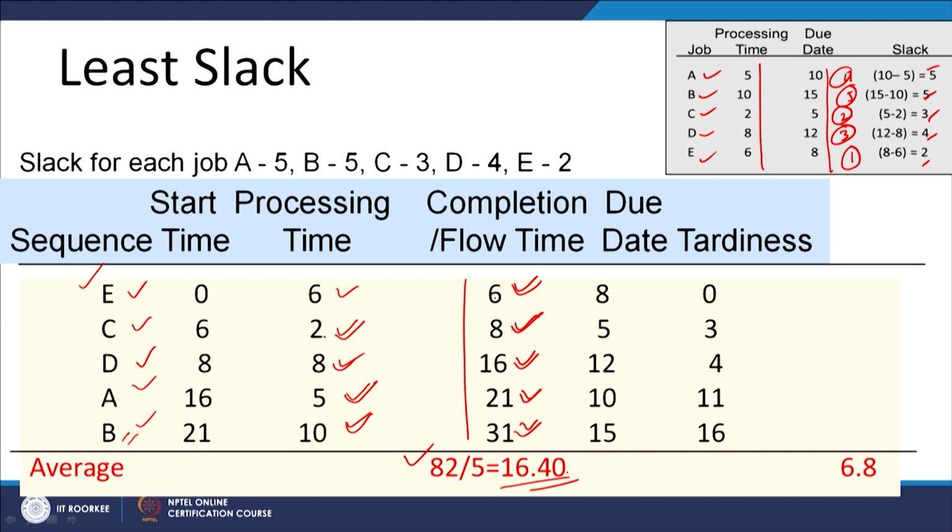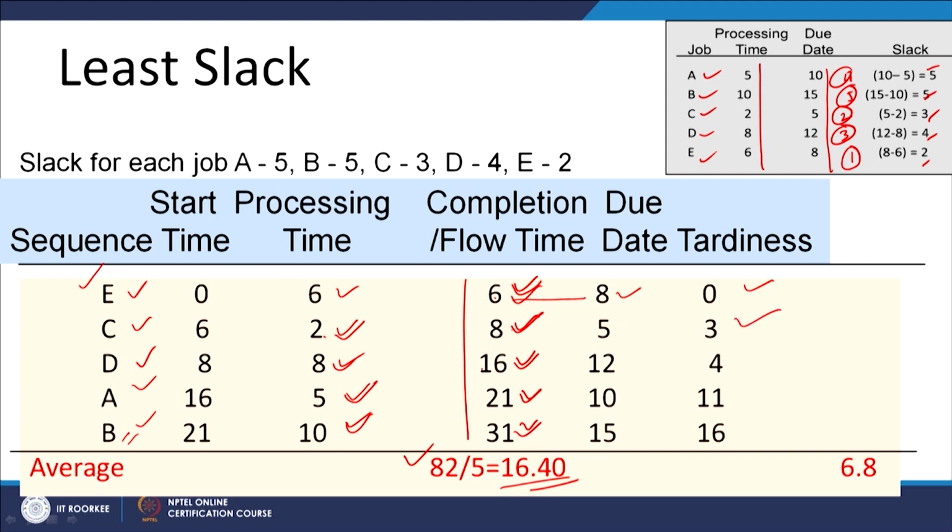Now, if we see the tardiness, the tardiness is the difference between the flow time and the due date. So, the flow time here, the completion time, is 6 and the due date is 8. So, the job is done early, tardiness is nil. Here the job is done after 8 days, but the due date is after 5 days. So, tardiness is 3 days.